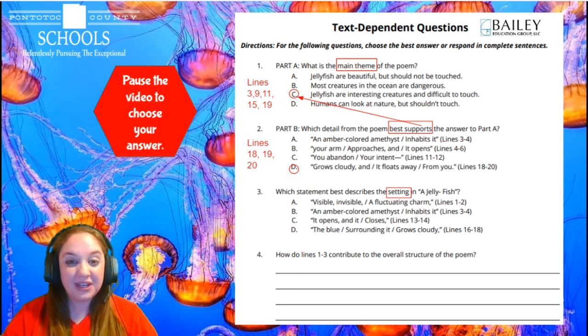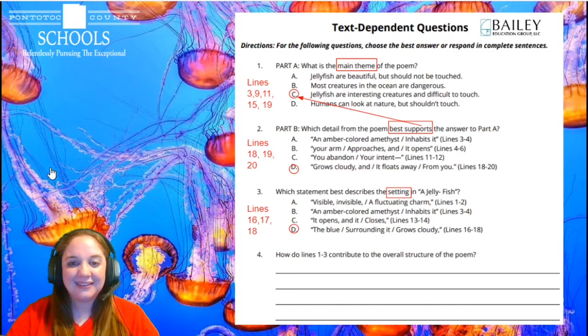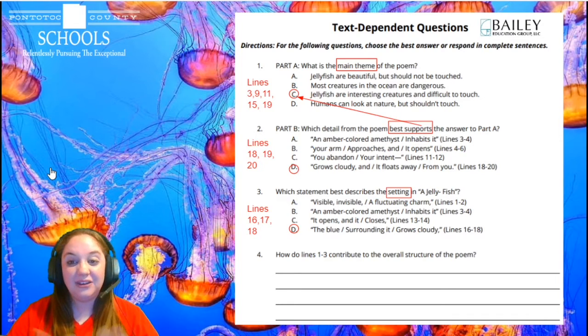You can pause the video to choose your answer. If you chose answer D, you're correct. The blue surrounding it grows cloudy. We know our evidence is found in lines 16, 17, and 18.